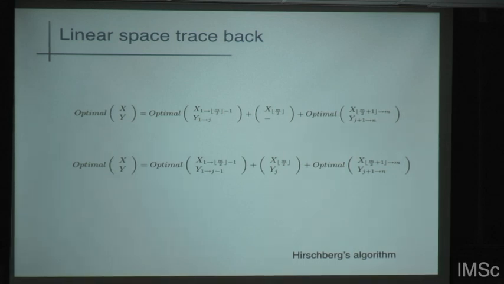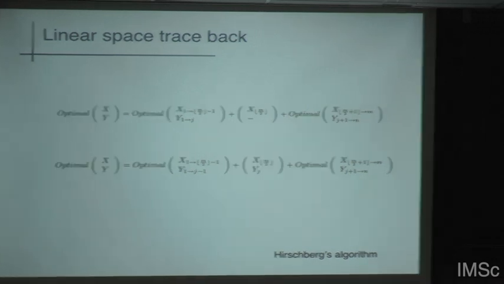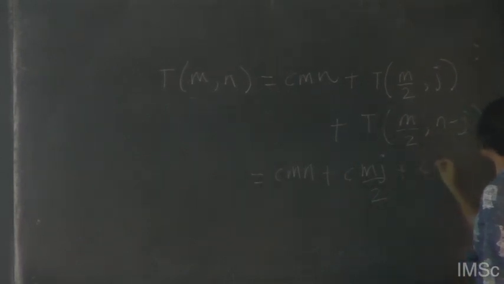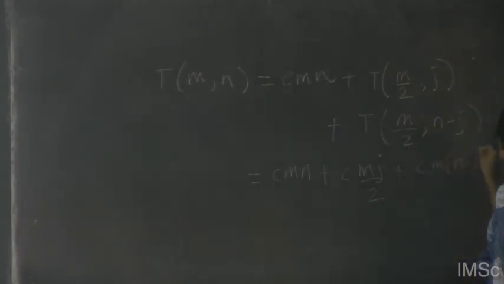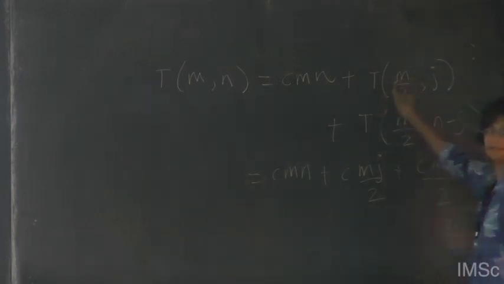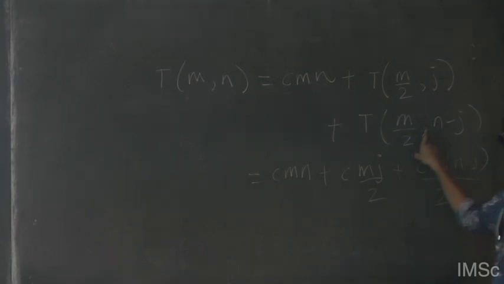So this time is again equal to, when you do it again further, it will be c times m j by 2, right, plus I'll do this one also, c times m of n minus j by 2, and two little pieces here and two little pieces here, right.